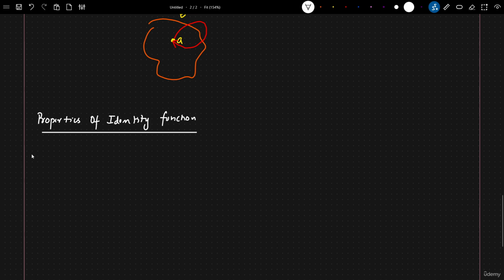So the first property is something called preservation. Preservation basically means that the identity function does not alter any element. Whatever is my vector, whatever is my element, I will get the same element once I do the dot product or once I do the transformation.